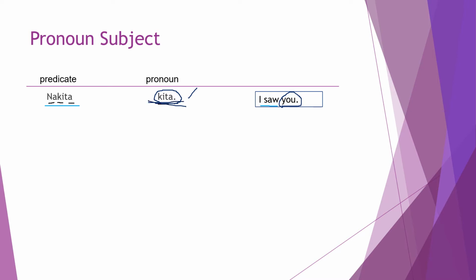She is telling that you are the one that she or he saw last time or the other day. So you have to think that we are just using in here a pronoun as a subject. So you are the subject in here.